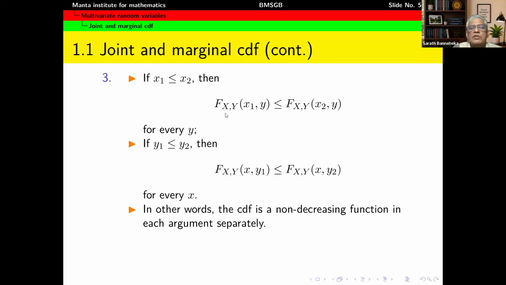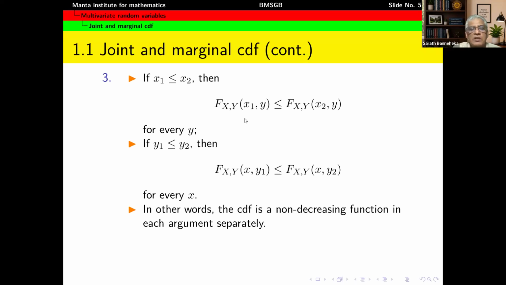In this case, when you are dealing with two random variables, it's going to be a non-decreasing surface, right?